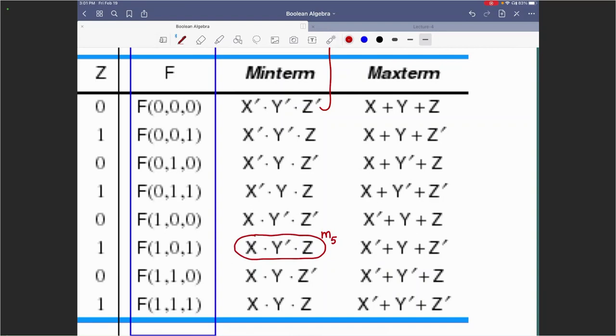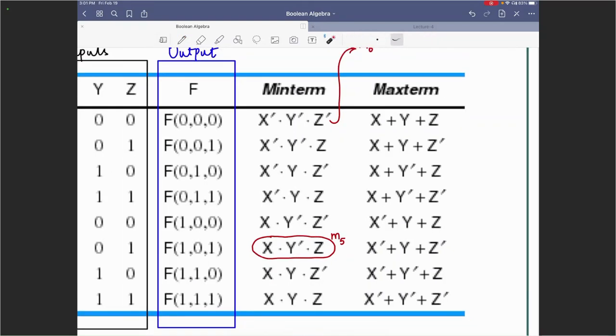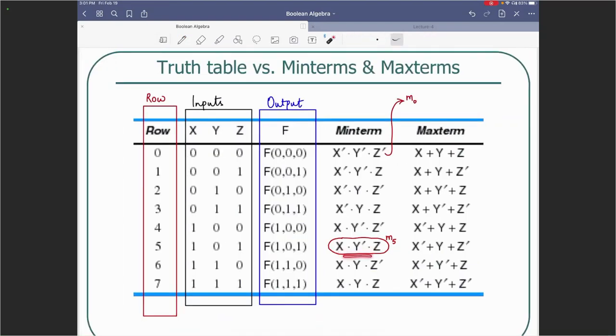So there is the difference. The way you identify a min term and a max term is a small m and a capital M, so make sure that you keep them distinguishable. So small m5, good. That's your min term 5, and it's a product term. It has X, Y, and Z, and it corresponds to row number 5. So everything is in order here.